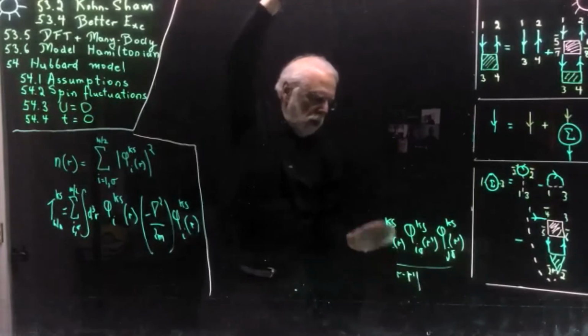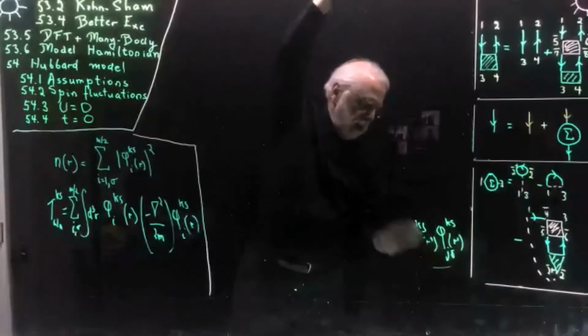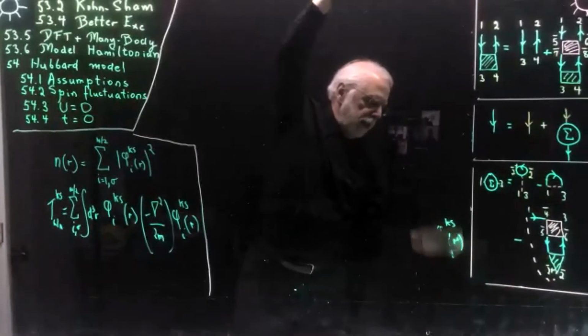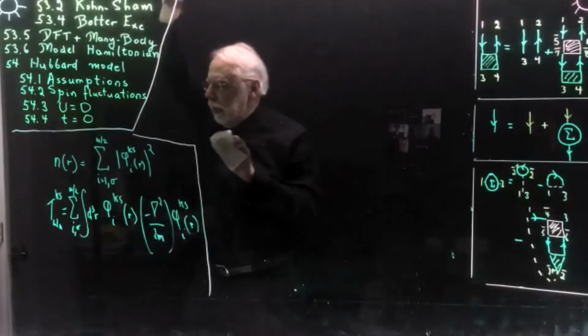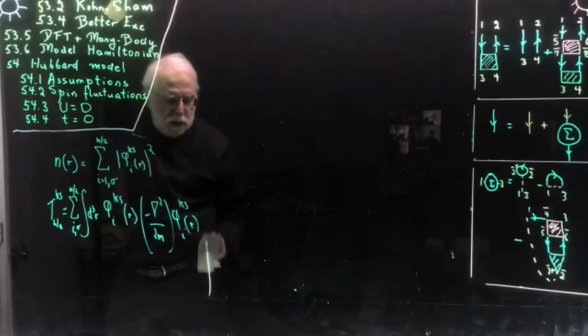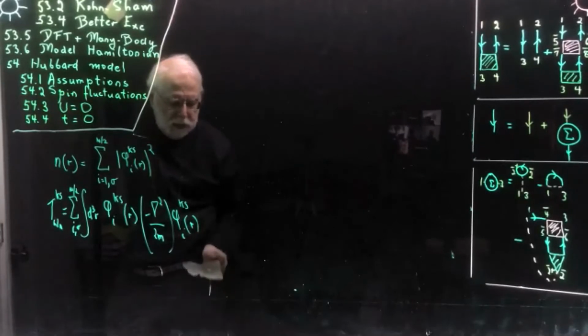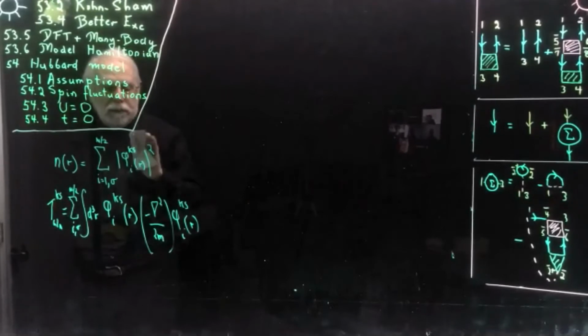So you do all the sophisticated things you can, you do the simplest thing you can. It always gives a metal if you do a band structure calculation. And if you do the measurement, you see it's a very good insulator. So that's a very big problem.